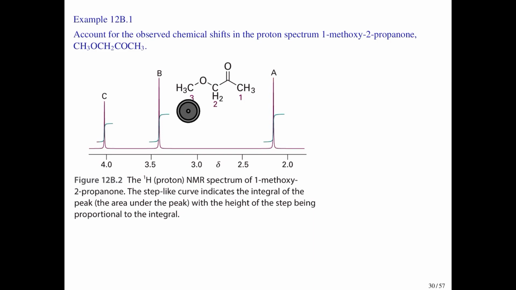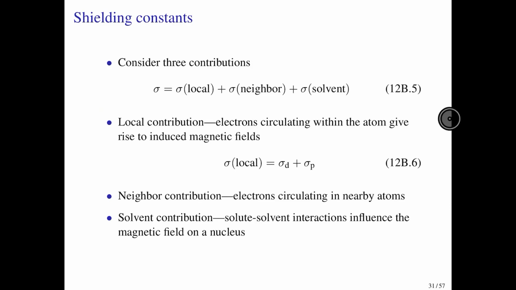So we would expect that this resonance here corresponds to this methyl group that's attached to the oxygen, whereas the methyl group here is attached to this carbonyl group. And so group 1 hydrogens correspond to resonance A, group 3 hydrogens correspond to resonance B, and then group 2 hydrogens correspond to resonance C. Well, I think I'm going to stop this video right here.